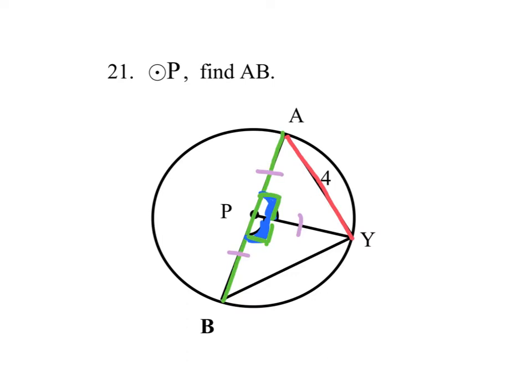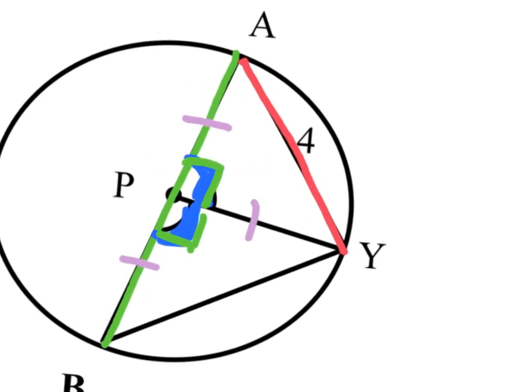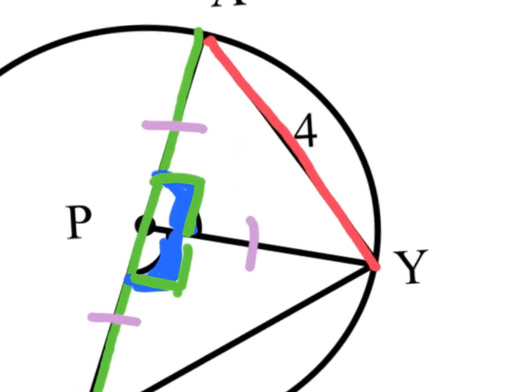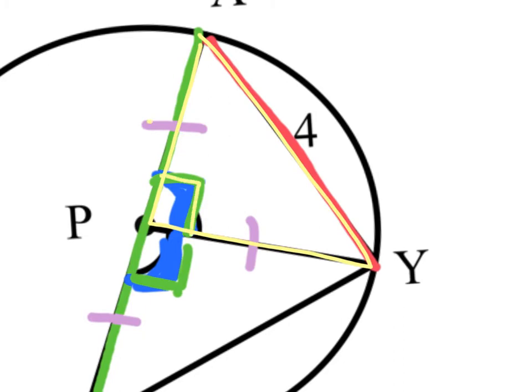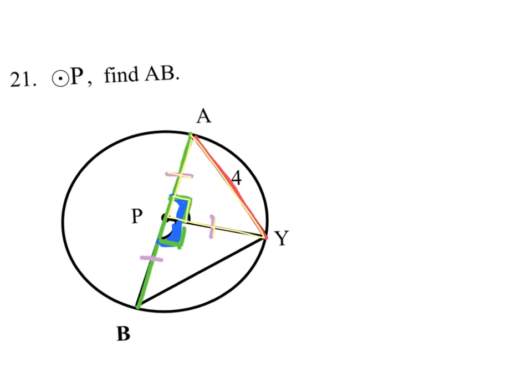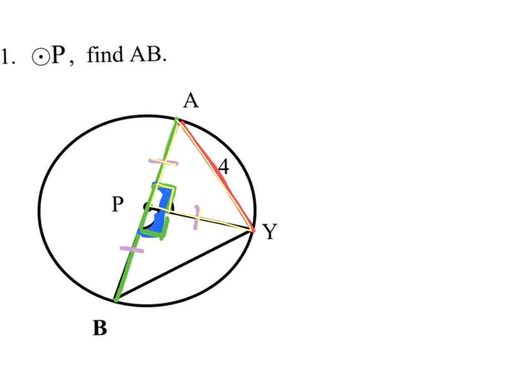So if I just zoom in on one of these triangles, what I have here is a right triangle with 2 congruent sides. This is what we like to call a 45, 45, 90 triangle. That's right, people. We got a 45, 45, 90 here.